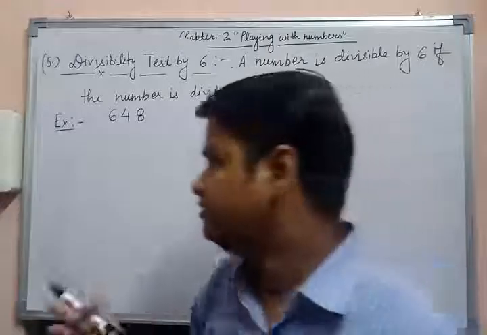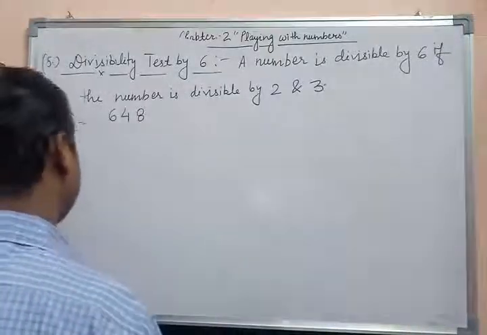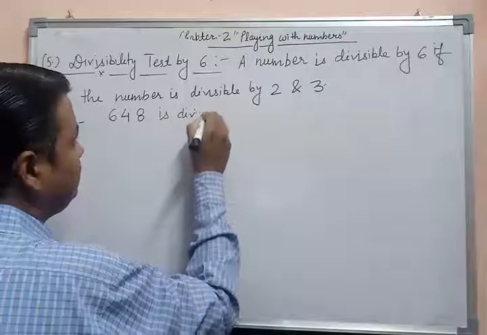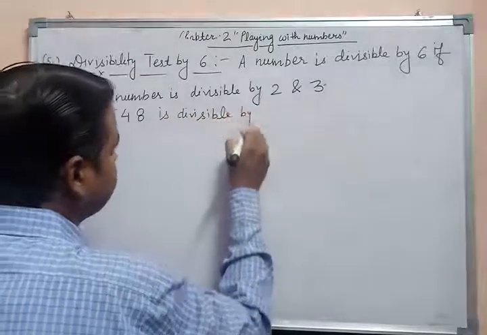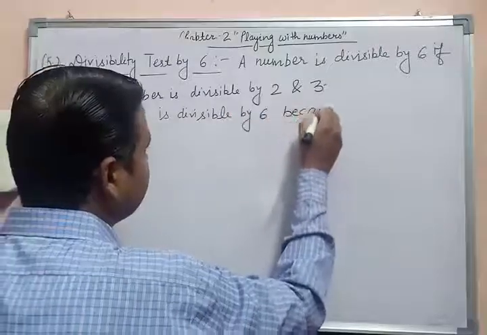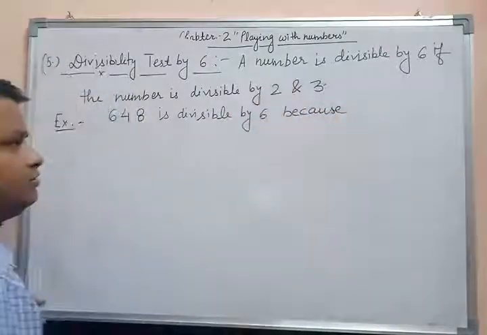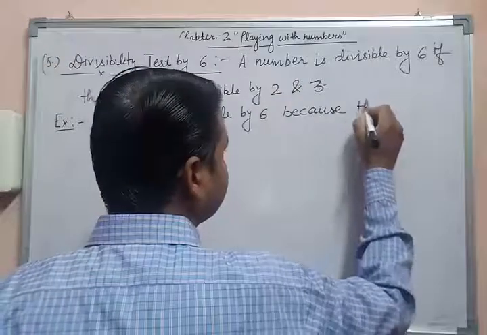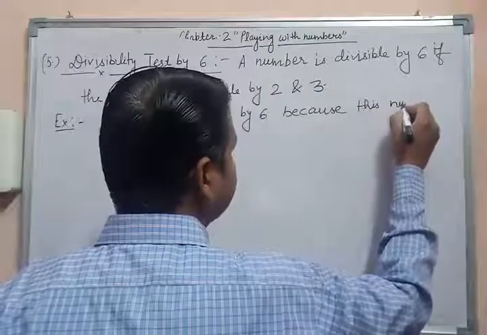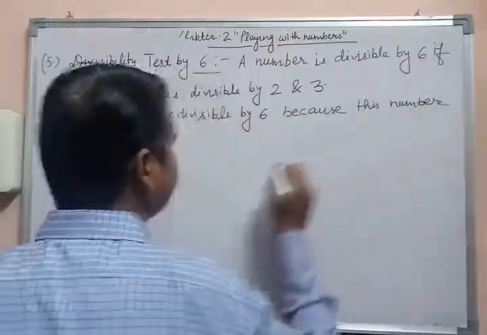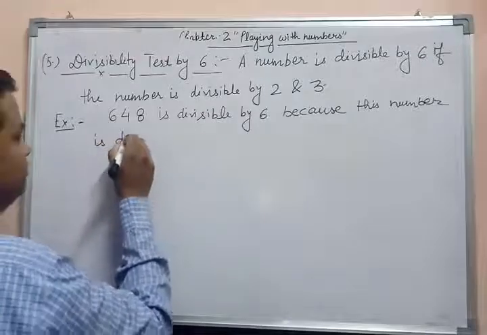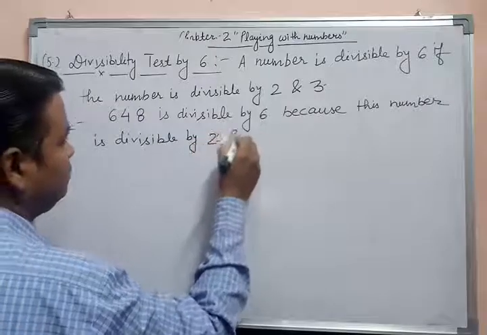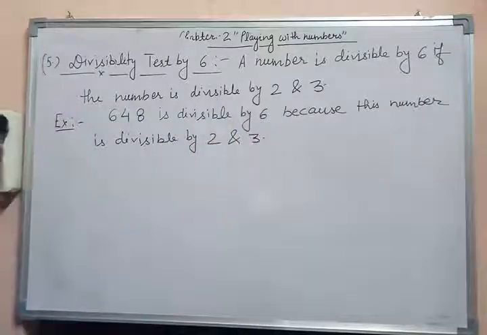This is the rule for test of divisibility by 6. 648 is divisible by 6 because this number is divisible by 2 and 3.